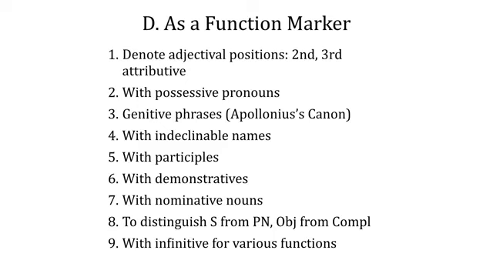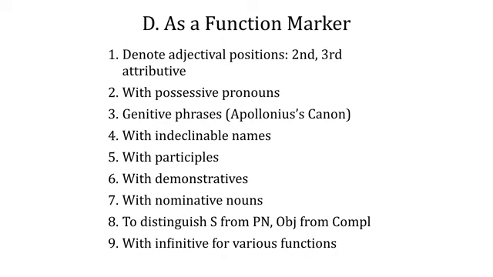Now, the article is also used in genitive constructions, and this follows what's known as Apollonius' canon, and we'll discuss that when we get there because I do have some examples on that one. The article is used with indeclinable names to show what the case is. It's used with participles, as we said, to show that it's substantival or adjectival, and then you can see if it's got an individualizing force as well.